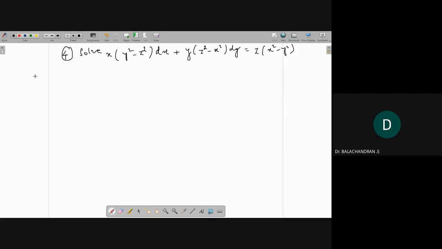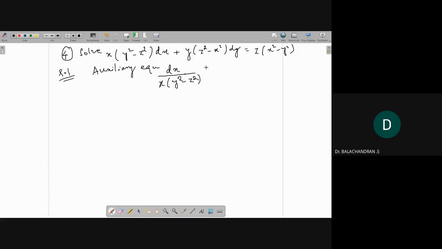Okay, now the auxiliary equation. Auxiliary equation is dx by x into y square minus z square. So please think about the multipliers.